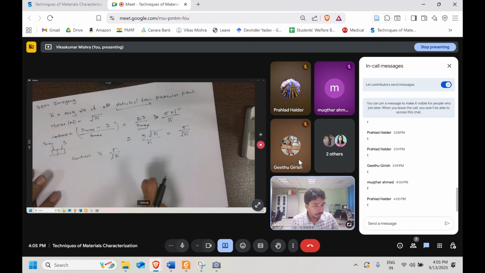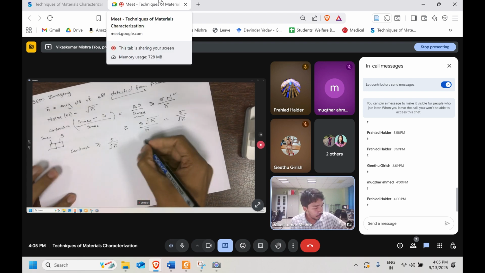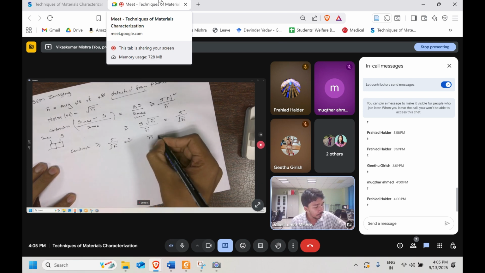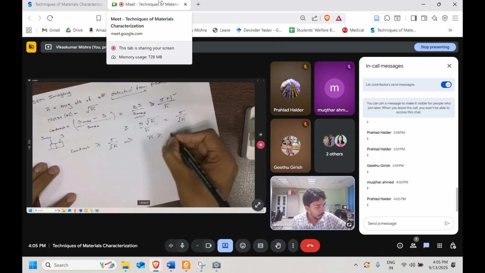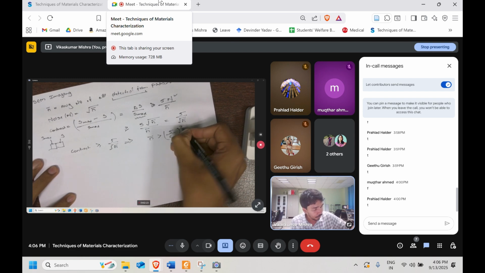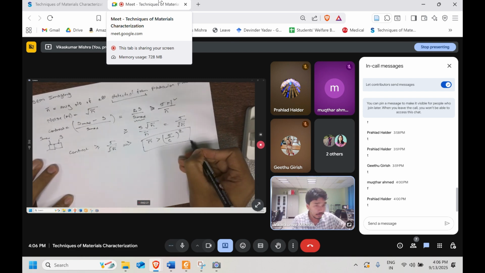Now we can rearrange the terms: n bar will be greater than or equal to around 5 divided by contrast square. We just rearranged the term, so remember this. This is what we have got.